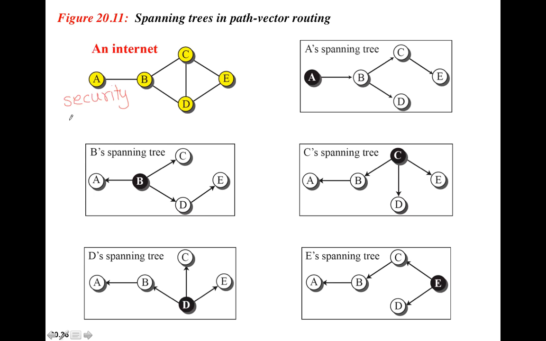We could have a policy for delay, less delay, okay? And in this case, we could have a completely different spanning tree, okay? So in this way, we could even have every node having multiple spanning trees based on the policy that it uses.